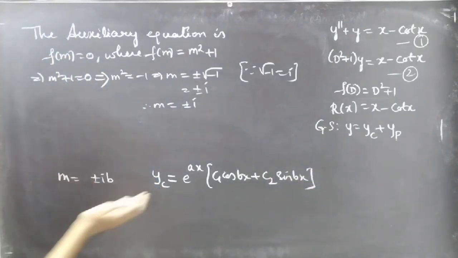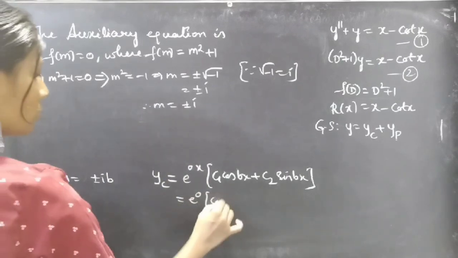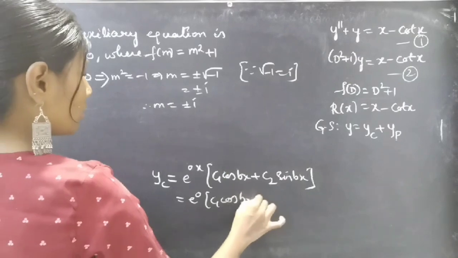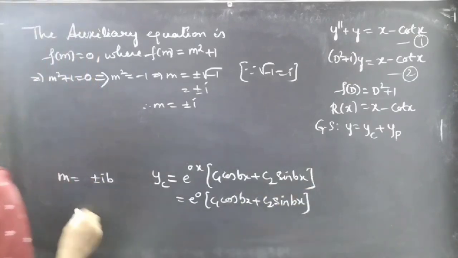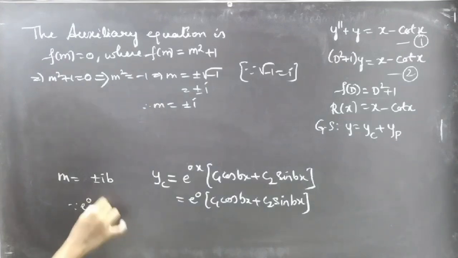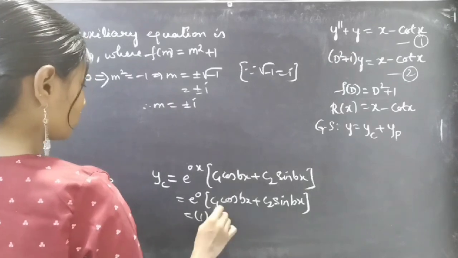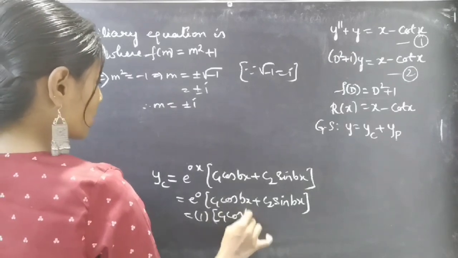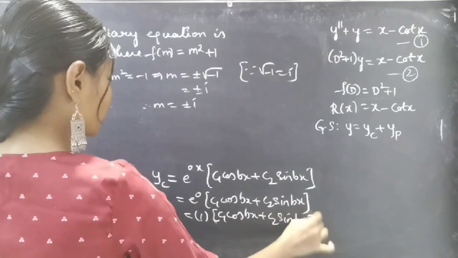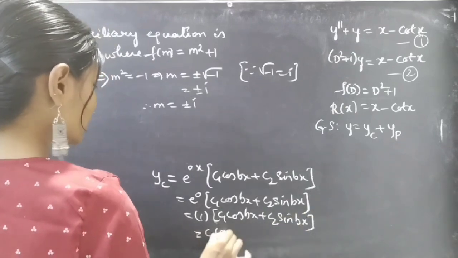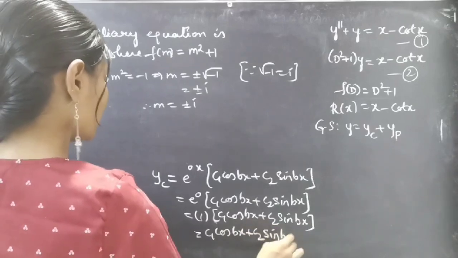In case of a equal to 0, we'll get e power 0 into x, which is e power 0 into c1 cos bx plus c2 sin bx. Since e power 0 is 1, this gives us 1 into c1 cos bx plus c2 sin bx, which gives us c1 cos bx plus c2 sin bx, right?